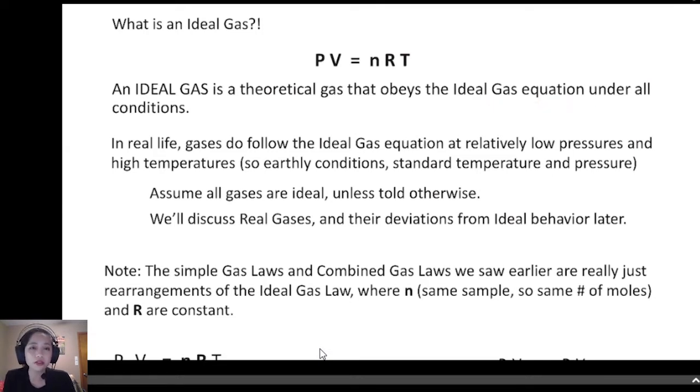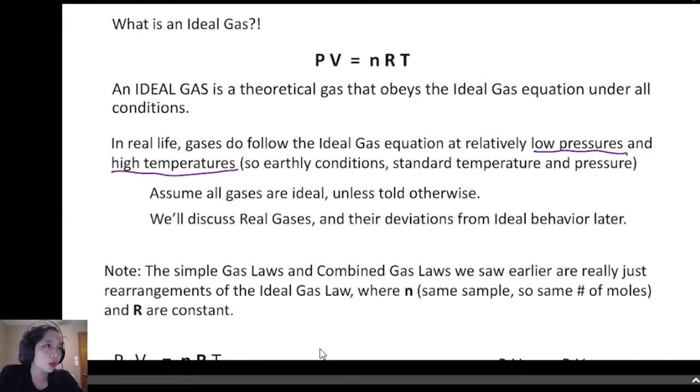In real life, gases closely follow the ideal gas law equation at low pressures and high temperatures. So at earthly conditions, on Earth, gases do follow the ideal gas equation pretty well because we're at low pressure. 1 atm is considered low pressure, and we're at fairly high temperatures. So these earthly conditions make it so gases follow the ideal gas equation.